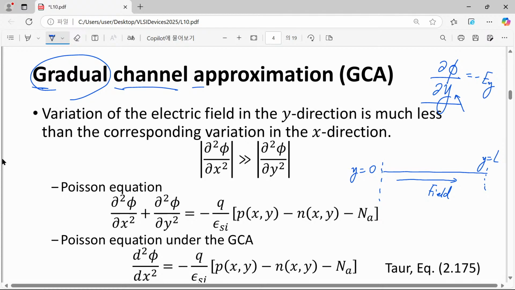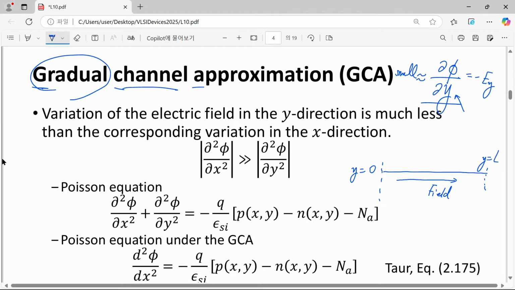So if we say that potential is gradually changing, simply speaking, this is a quite small number. Simply speaking, we say that the channel-directional electric field is small. But small means that we need a certain criterion. So when we say this is small and this is large, compared to what?